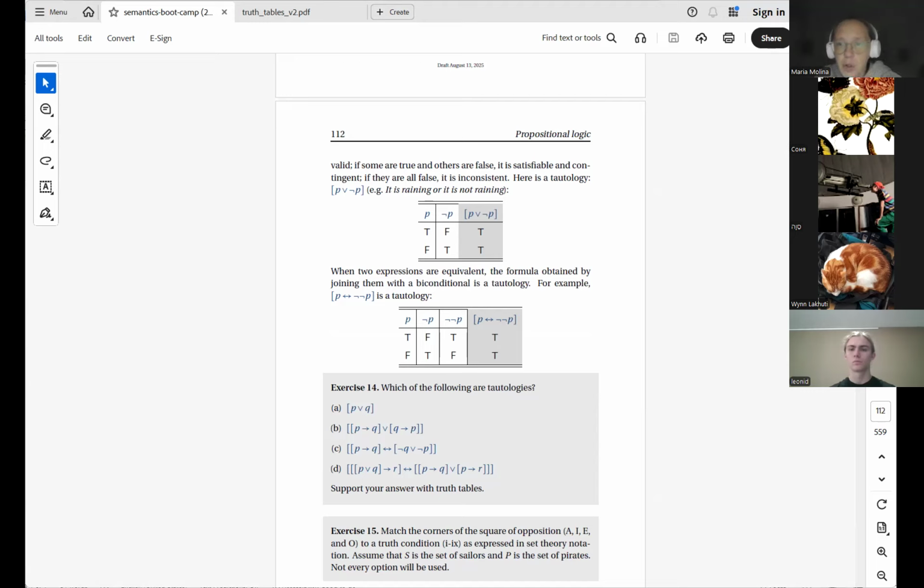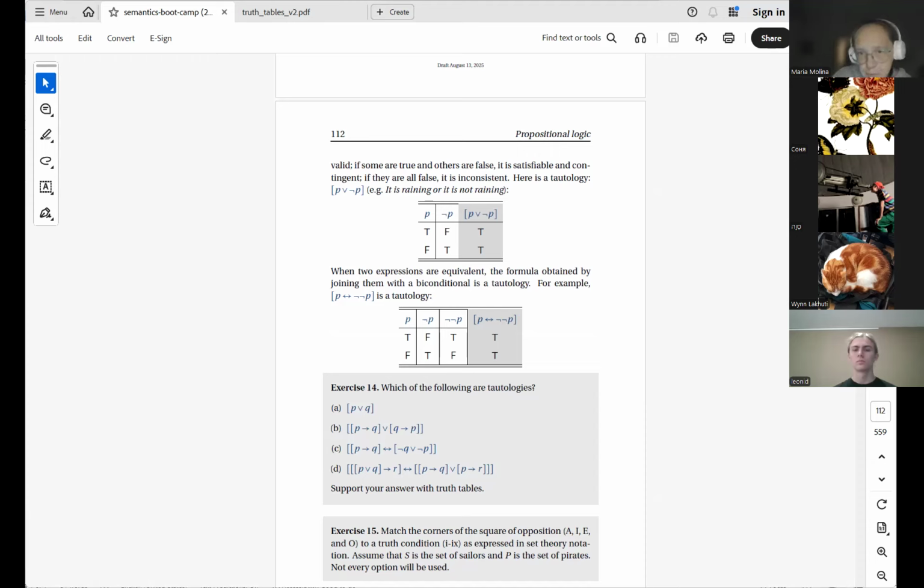Not Q or not P gives us false. So if and only if operator gives us false, because the second formula is false.